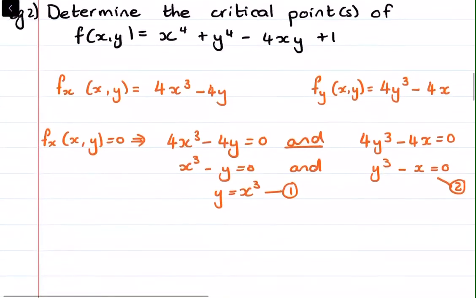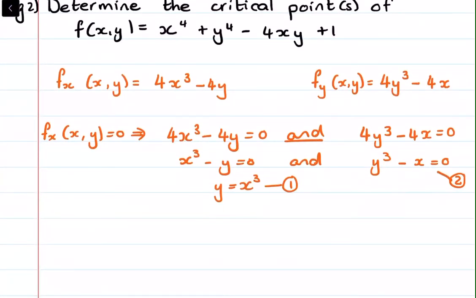Okay, so how am I going to do that? I am going to substitute equation 1 into equation 2. And this is what I get. Equation 1 says y is equal to x cubed, and equation 2 has y cubed minus x.